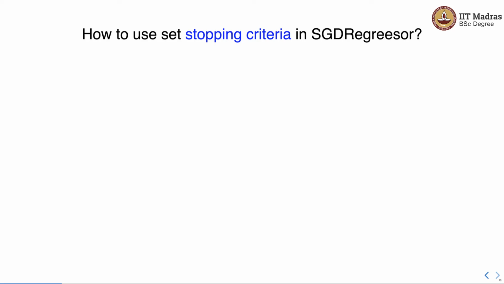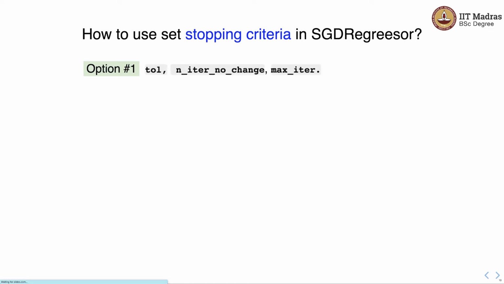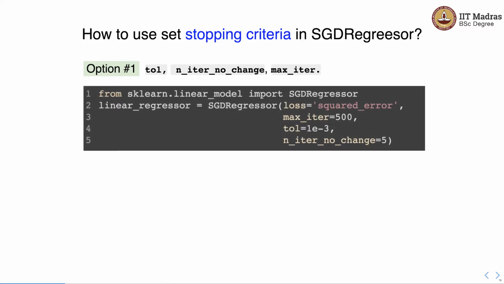We can also stop SGD regressor by specifying stopping criteria. Let's study how to use different stopping criteria in SGD regressor. So option 1 is to set a stopping criteria based on three parameters. One is tolerance, second is n_iter_no_change, and max_iter.